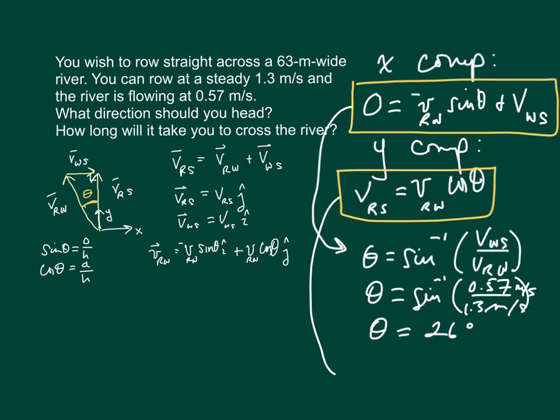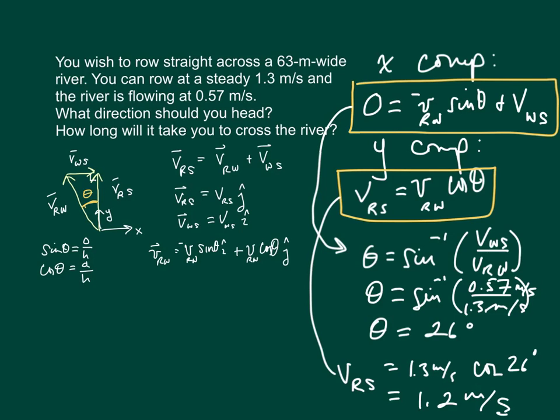We have the velocity of the rower with respect to the shore is going to be the velocity of the rower with respect to the water, which is 1.3 meters per second, times the cosine of 26 degrees. And this works out to be 1.2 meters per second.